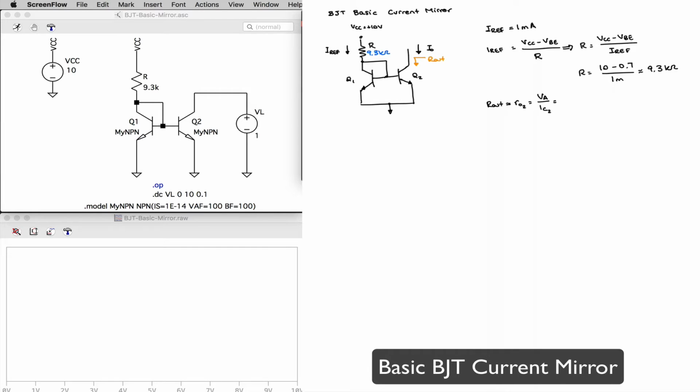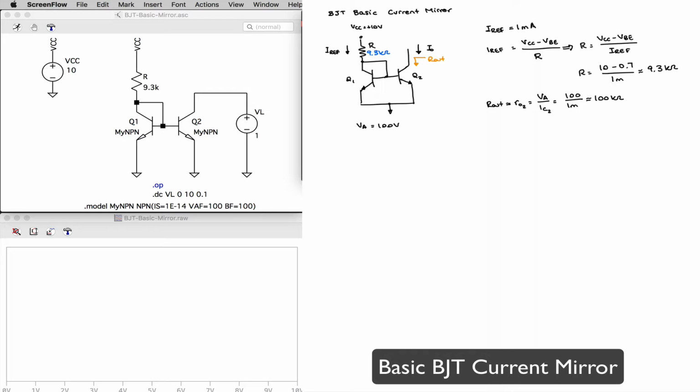And if we assume an early voltage of 100 volts, this is going to be 100 divided by 1 milli, so approximately 100 kilo ohms. So that's what I expect for my output resistance.